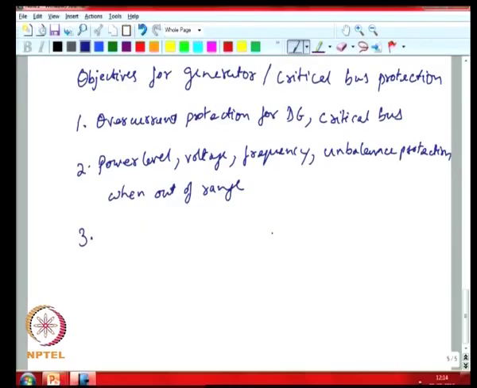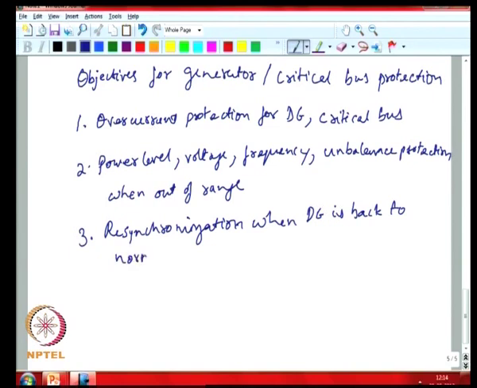So, that could be one of the requirements. After a shutdown, resynchronization might be important.